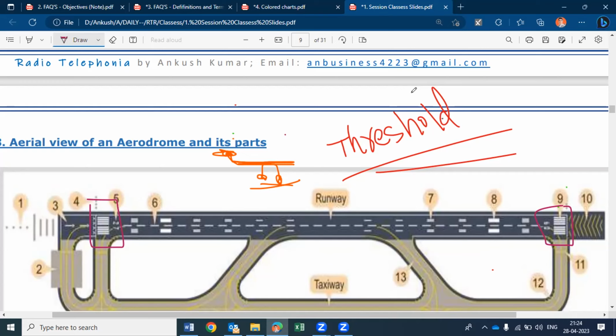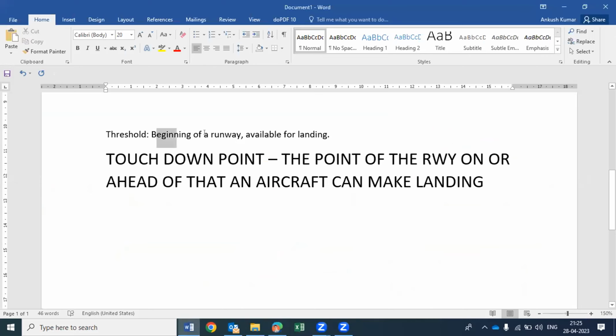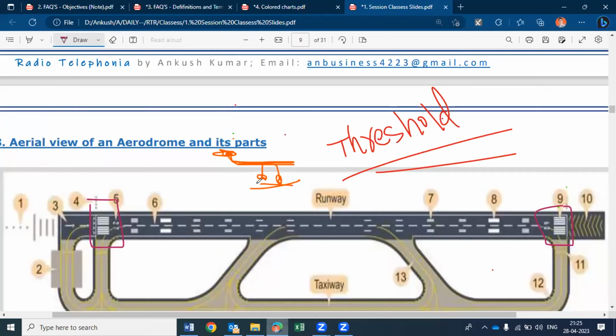Okay, I'm going to say it again. Runway threshold means beginning of a runway, runway का starting point, which is available for the landing of aircraft, and the touchdown point.